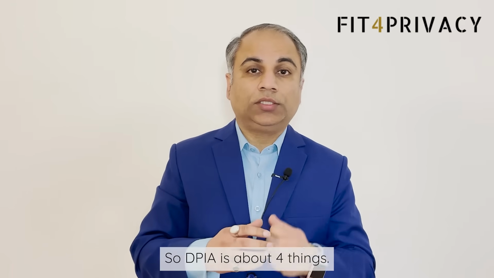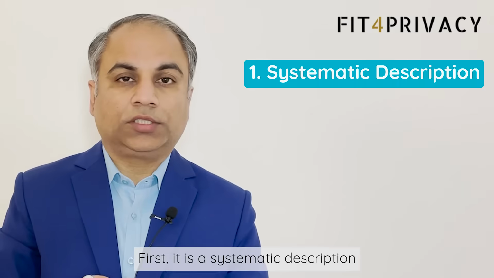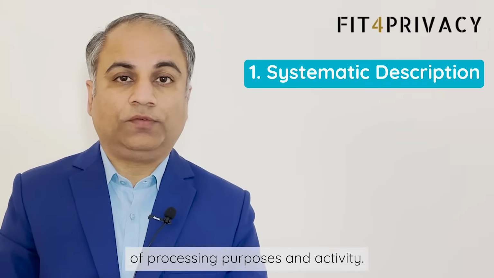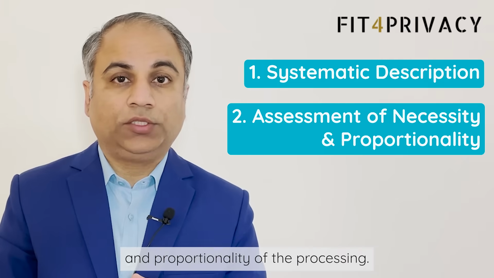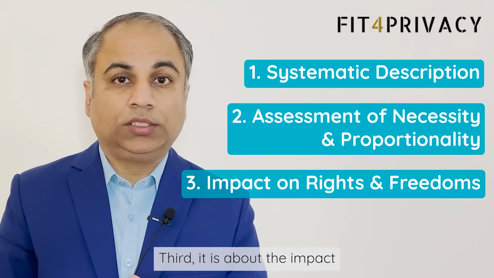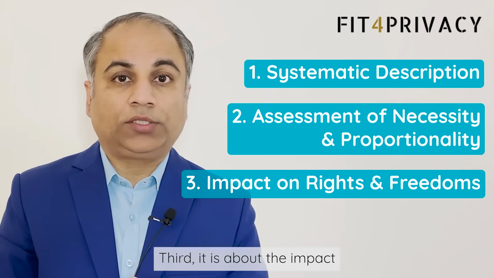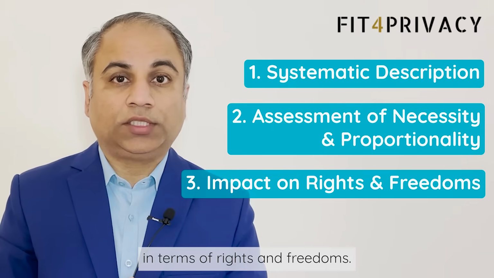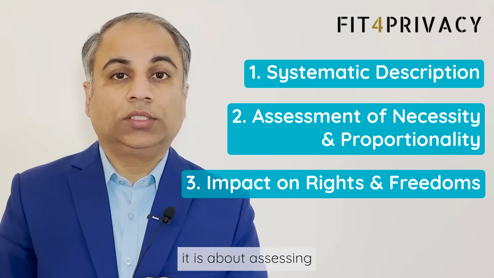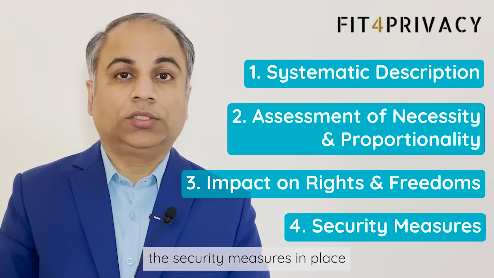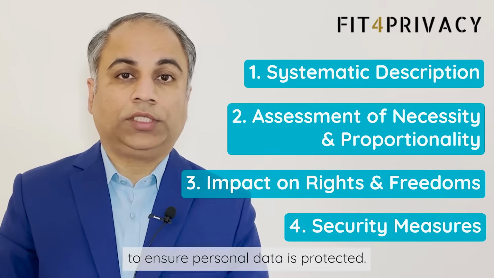So DPIA is about four things. First, it is a systematic description of processing purposes and activity. Second, it is an assessment of necessity and proportionality of the processing. Third, it is about the impact on individual in terms of his rights and freedoms. And fourth, it is about assessing the security measures in place to ensure personal data is protected.